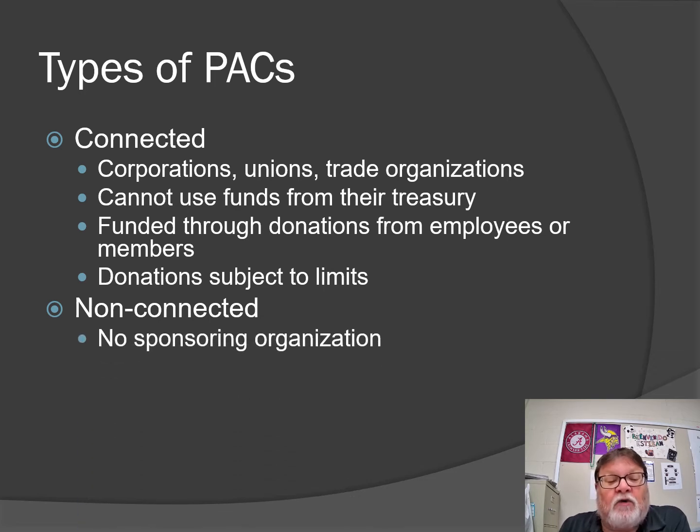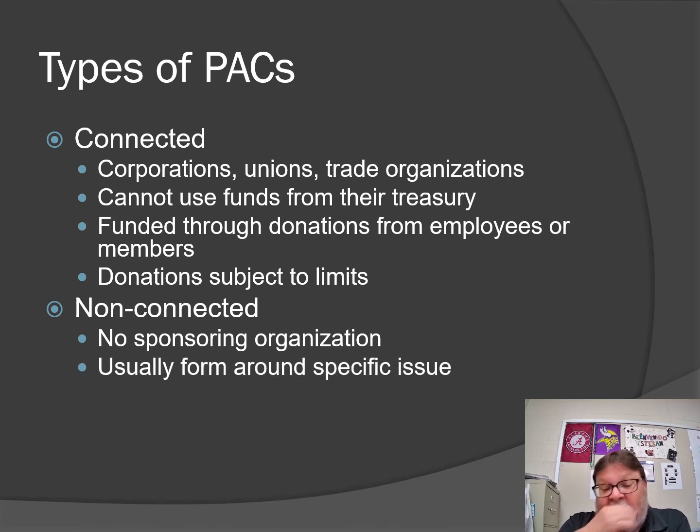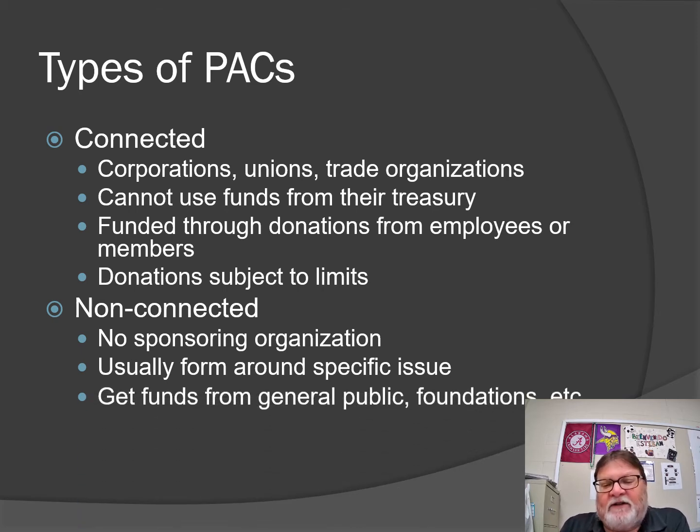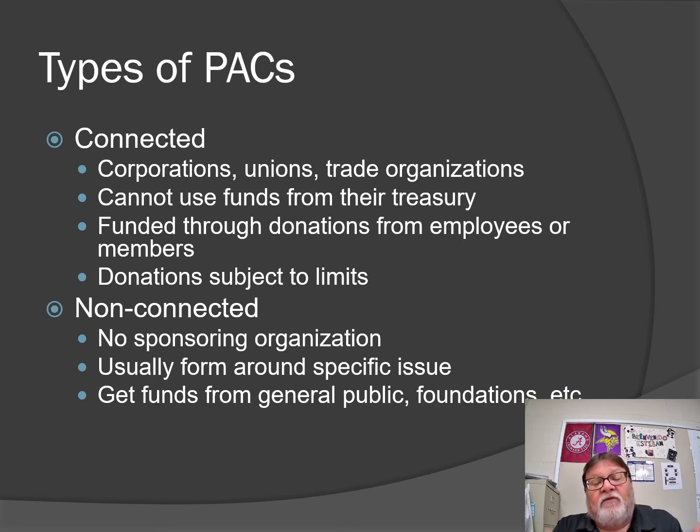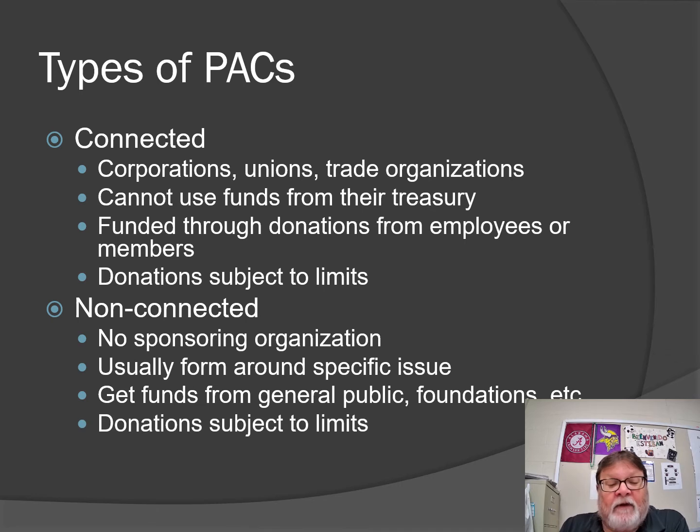The next one is non-connected. So sort of the opposite, right? No sponsoring organization. There's not a corporation, a union, a trade organization, or anything like that. Basically, these are the interest groups using a PAC that form around single issues. They get funds from the general public. They solicit, hey, would you like to donate? Please donate to this. They can ask foundations for money and things like that.